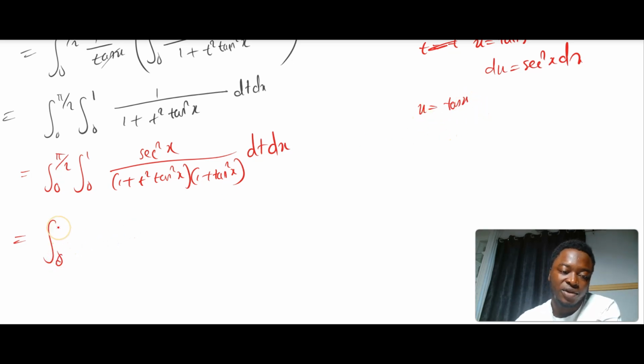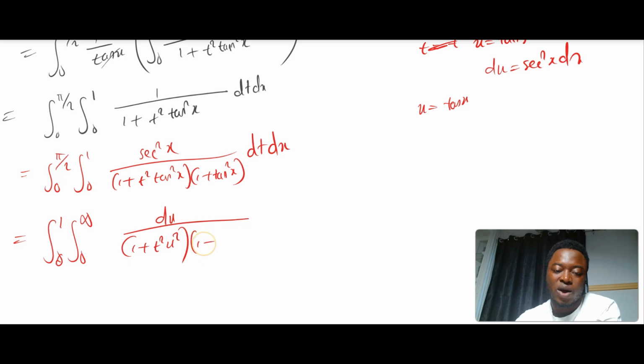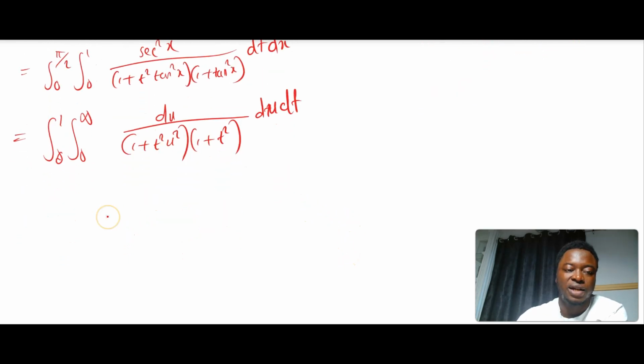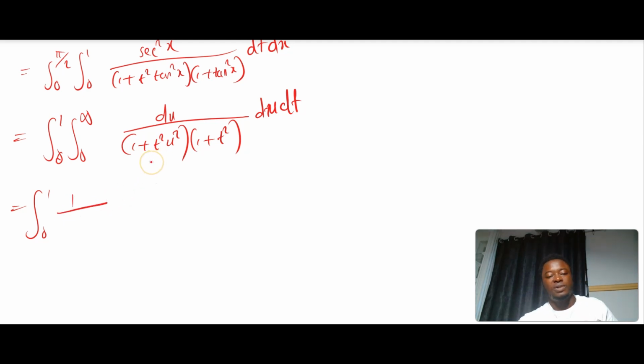So you have the integral from 0 to 1 times the integral from 0 to infinity of du divided by 1 plus t squared u squared times 1 plus u squared, then you have du dt. Now we need to put this in partial fractions. So everything would be in terms of u now.